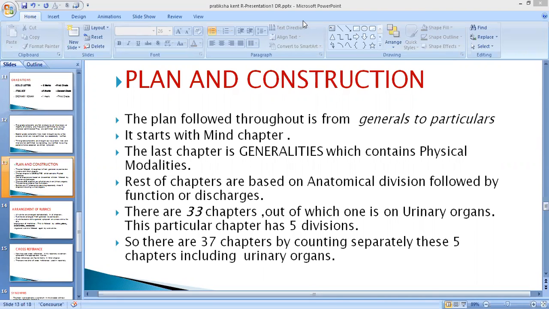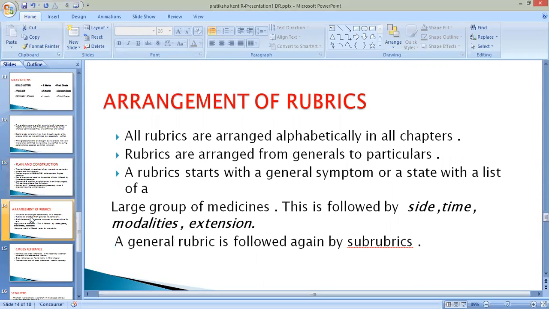In this way, we found the rubrics easily due to its arrangement. Then there is some particular arrangement of rubrics. Rubrics are also arranged in particular order.